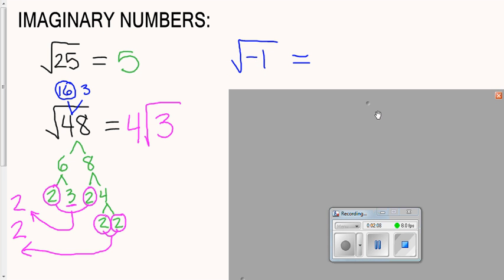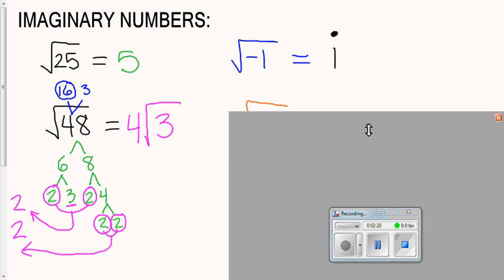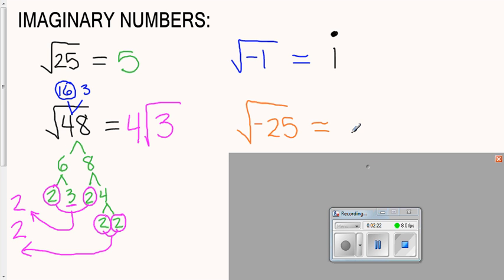Which then leads us into imaginary numbers. The square root of a negative 1 is i, an imaginary number. And so if we have the square root of a negative 25, it is very similar to this one, just because the square root of 25 is 5.